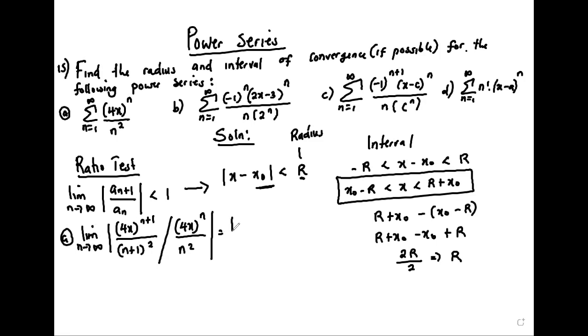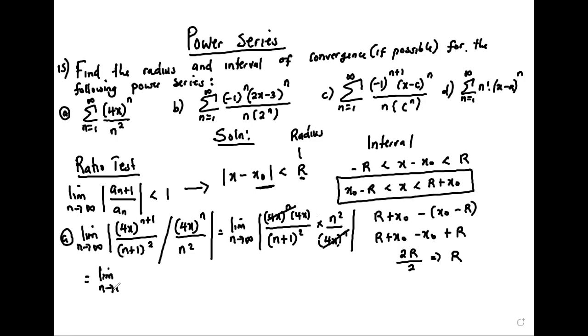If we reciprocate this and use multiplication, we are going to have the absolute value of 4x to the power n multiplied by 4x over (n plus 1) squared, multiplied by n squared over 4x to the power n. And then this one now cancels with that one.